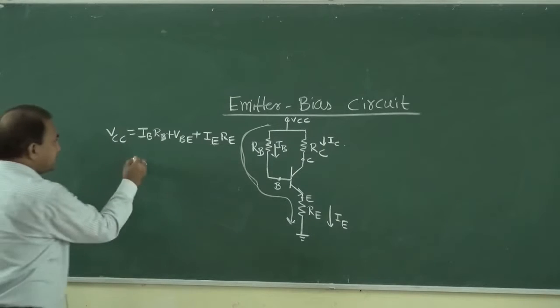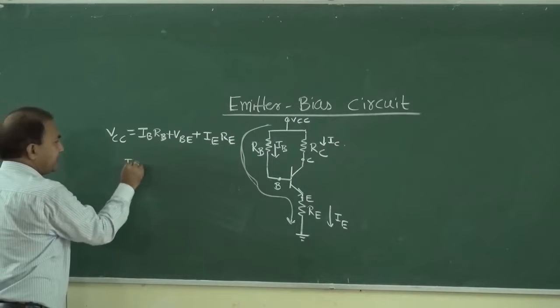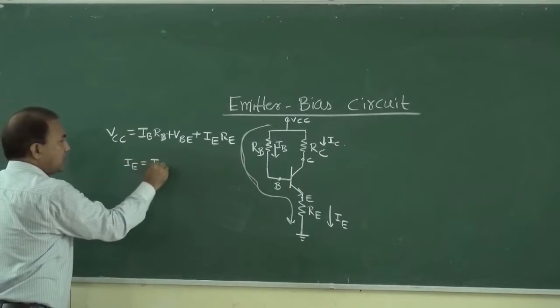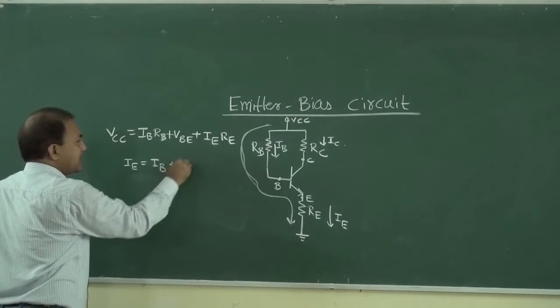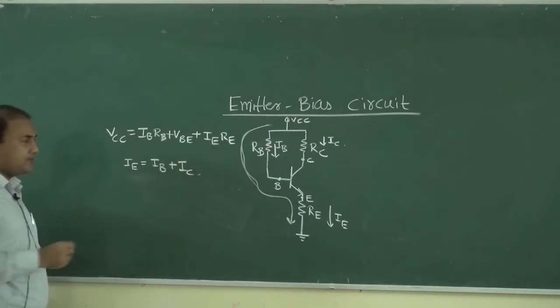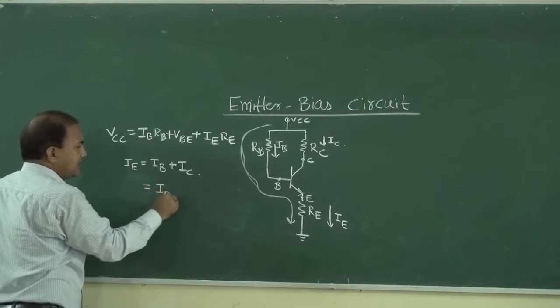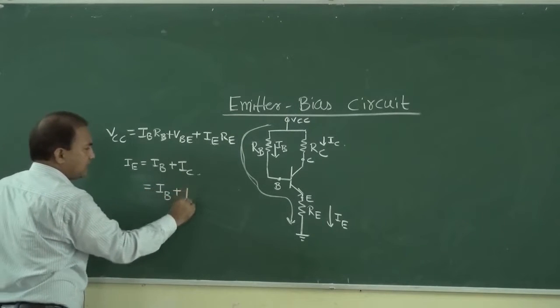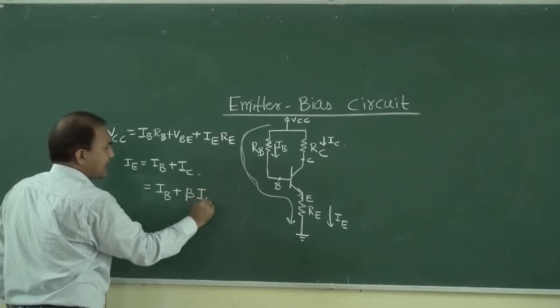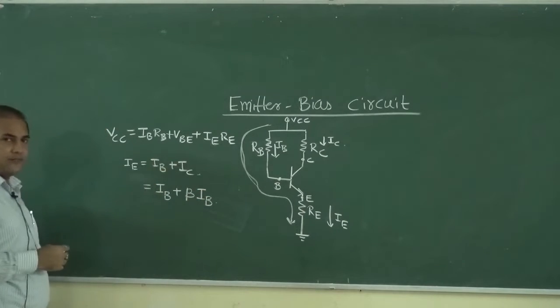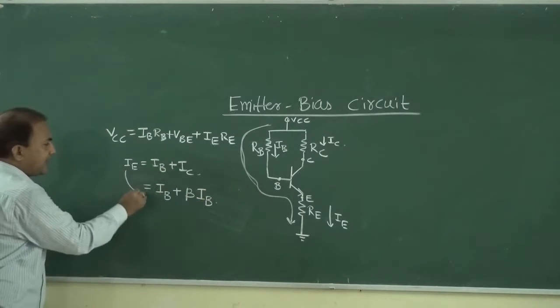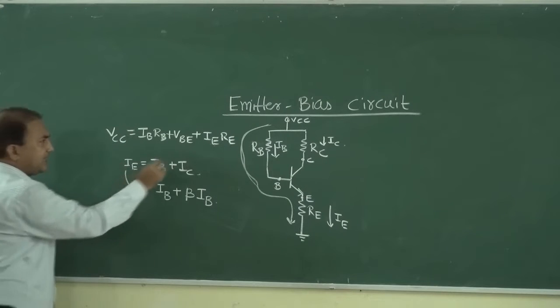Now we know that IE, it is equal to IB plus IC. Okay. So it can be written like this. It is IB plus IC, it is equal to beta times IB. Okay. So we can put this value of IE here.